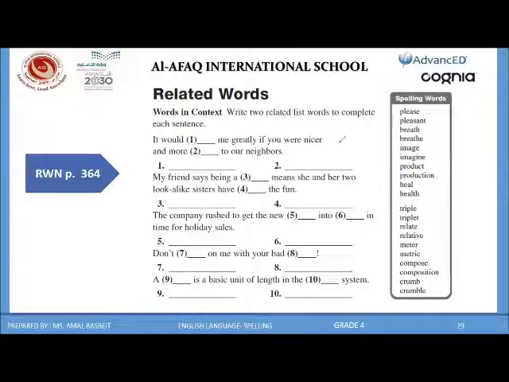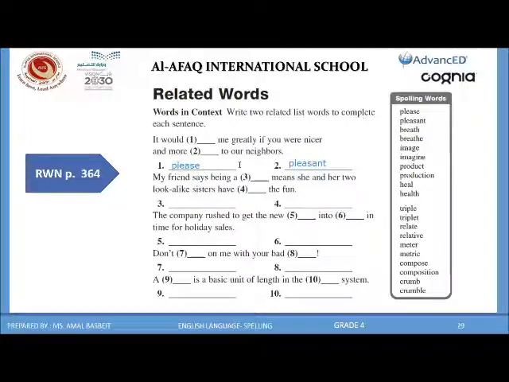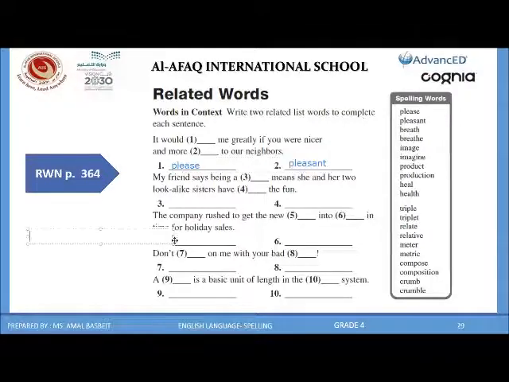Causing enjoyment. So the word is pleasant. What is the related word for pleasant? It is please. As you see, number 1 is please and number 2 is pleasant.